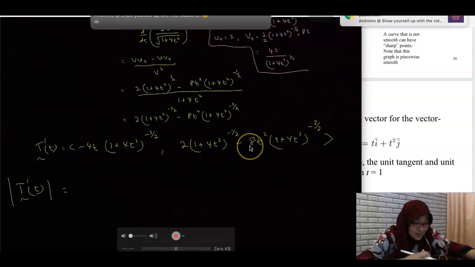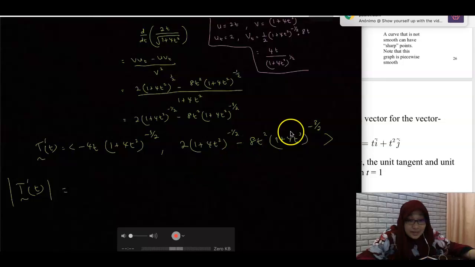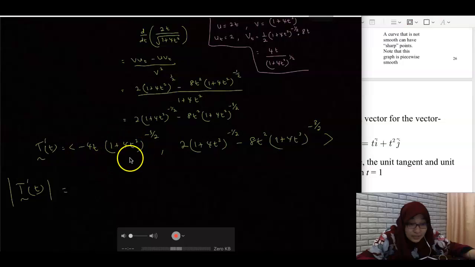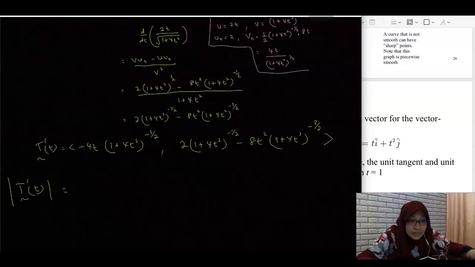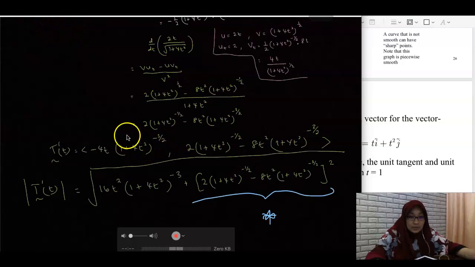This is not a direct technique, especially for this one. This one is okay because you have a single term, but this one you have two terms, then you have to square them. It's a bit long process. So when you square this one, this becomes 16t squared, and the over 2 is gone, and then plus the square of this component.